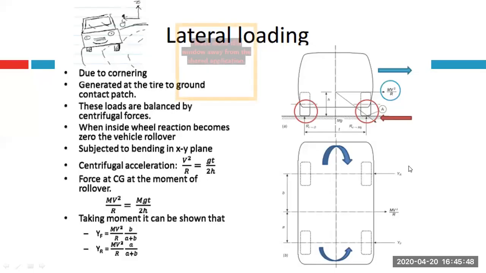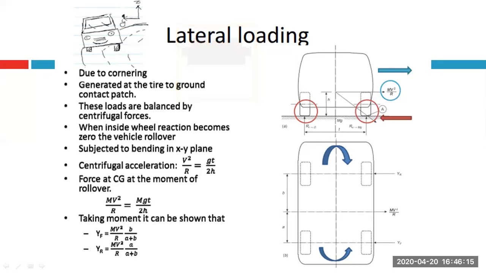A condition wherein lateral loading is shown. Like we discussed earlier, this might happen due to cornering, and it is generated at the tire ground contact patch. So these are the patches. It's a rough sketch that has been shown here. To be detailed, you can see over here, at the tire road contact patch, you're going to find this type of loading.